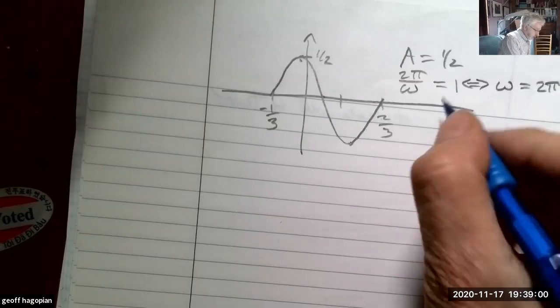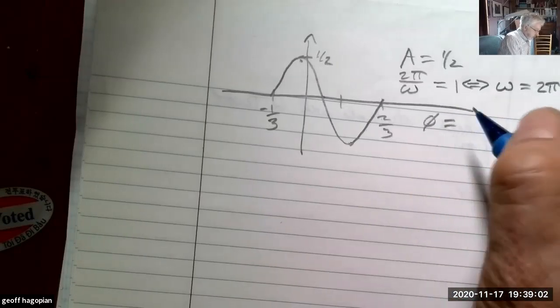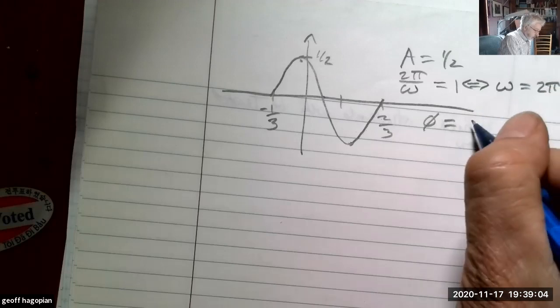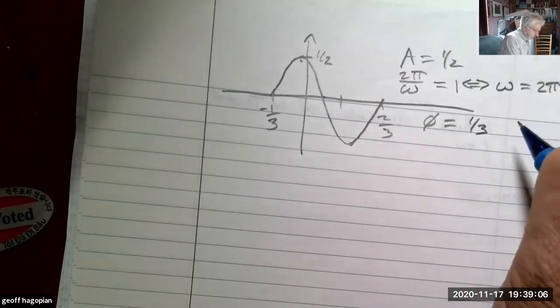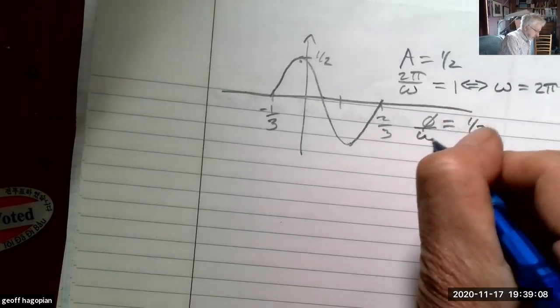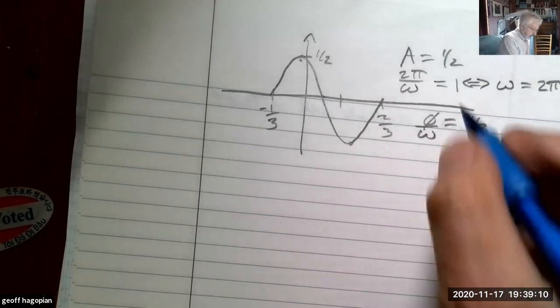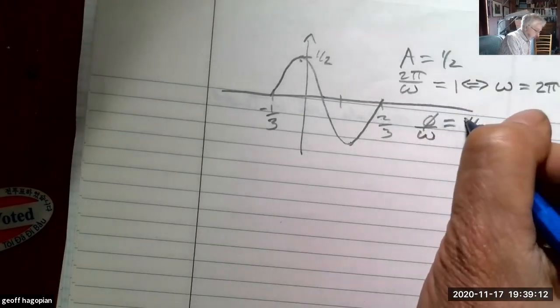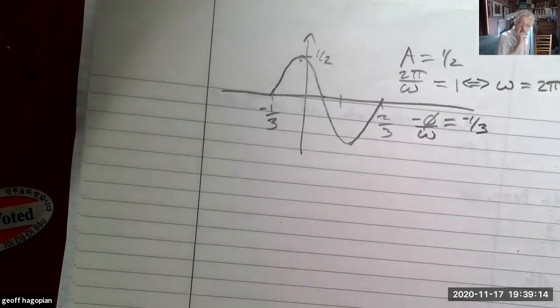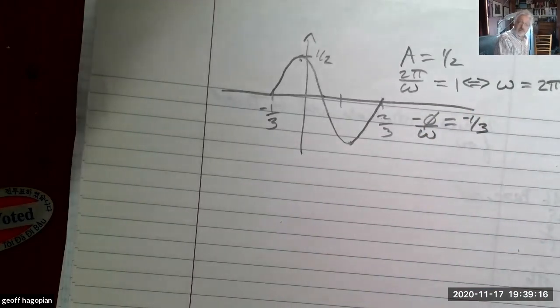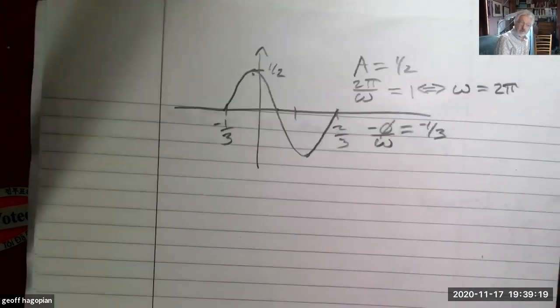What's our phase shift? Well, it's going to be 1/3 to the left. Or sometimes you say that negative phi over omega is negative 1/3, using those formulas.